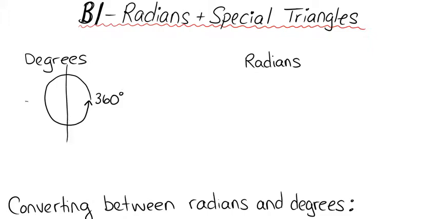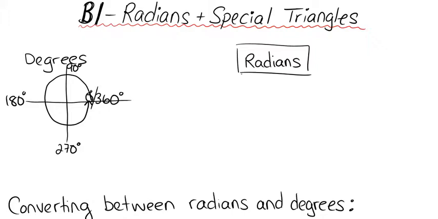So if you're referring to stuff like that, we said this is 0 degrees, this is 90 degrees, this is 180 degrees, 270 degrees, and then back to 360. So previously we would have used degrees to represent this, but now we're switching over to radians. So we want to use radians every time we talk about angles now.